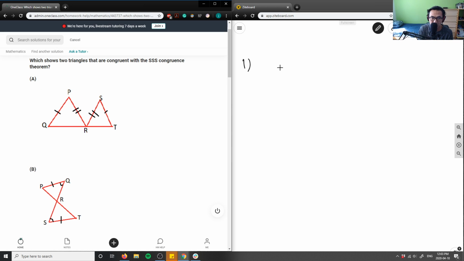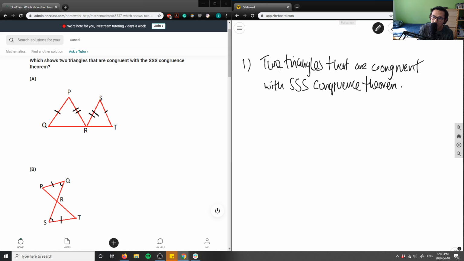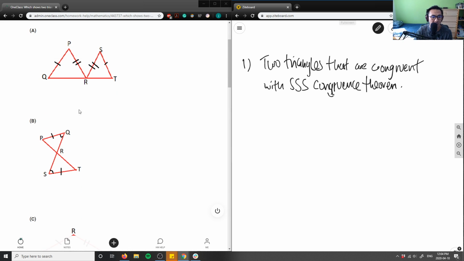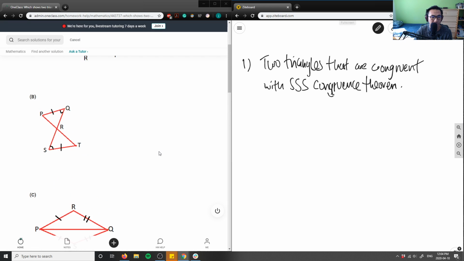This question falls under geometry, because we're talking about the congruence theorem, triangles, and sides and angles. This is option A, option B, option C, and then option D. So let's look at these triangles here.